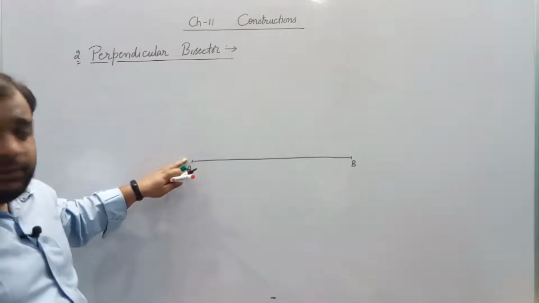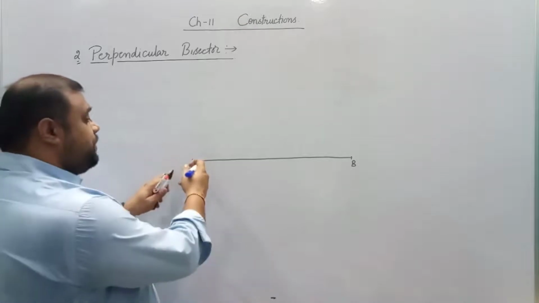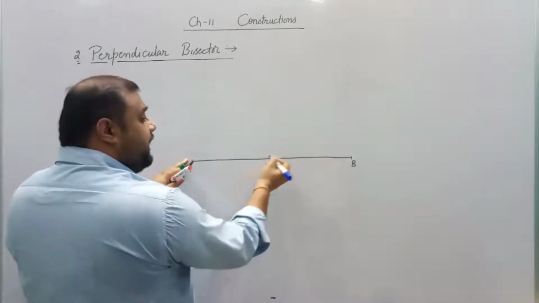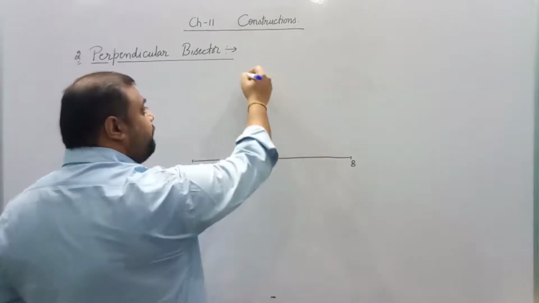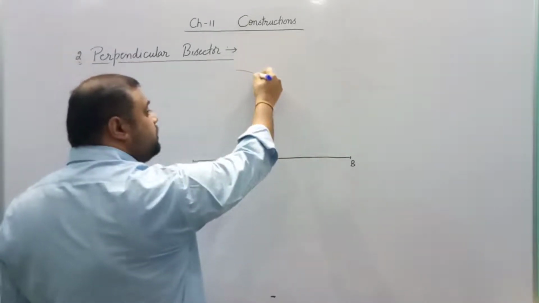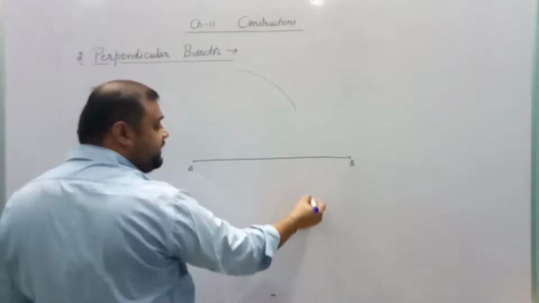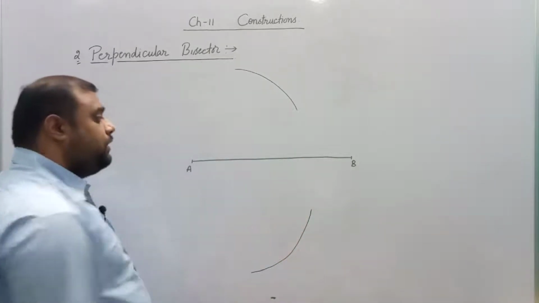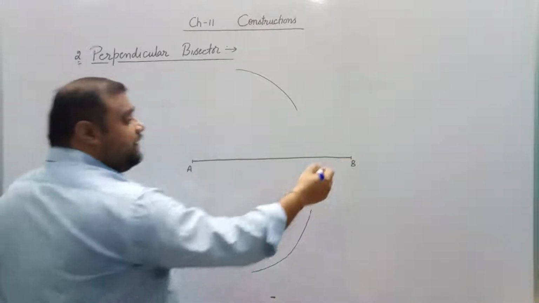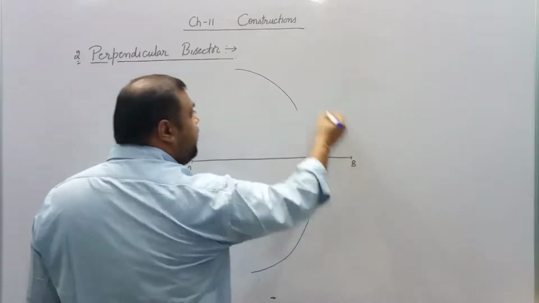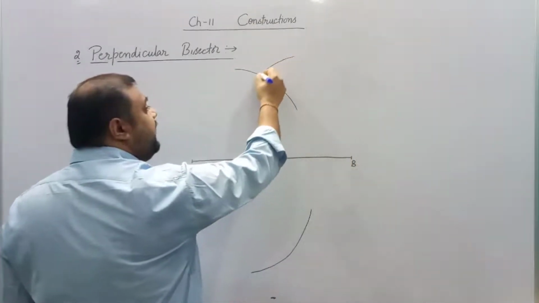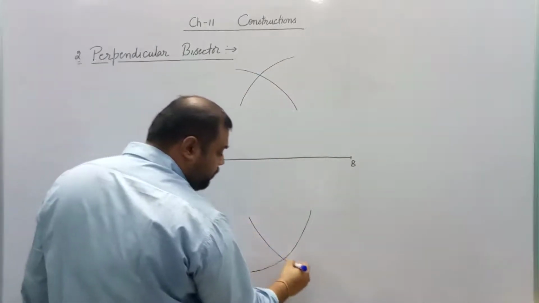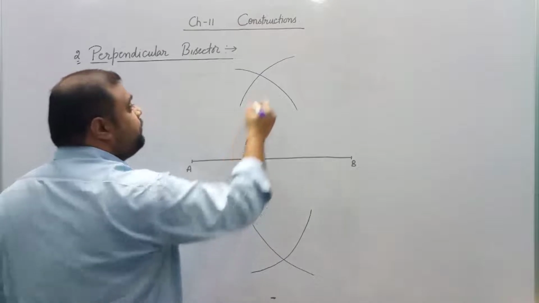The compass will be at point A, and the radius will be just more than half of AB. Draw two arcs on both sides of the line. Similarly, taking B as center and more than half of AB, construct two arcs on both sides of the line segment.